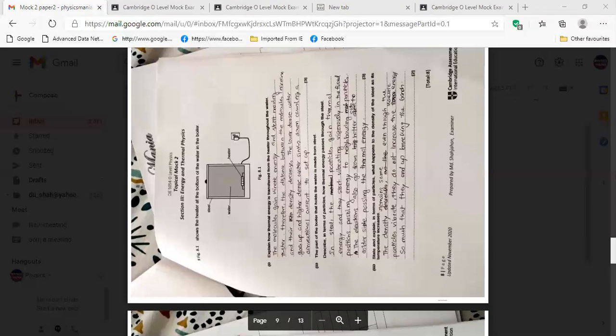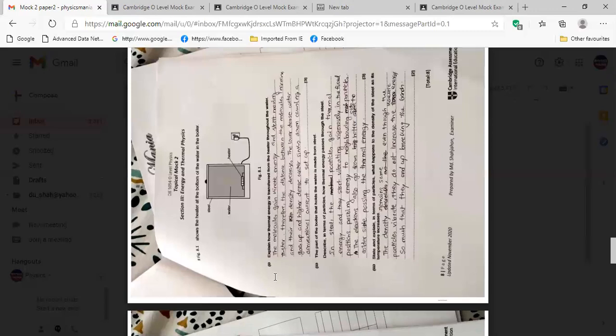Then C3. State and explain in terms of particles what happens to the density of the steel. As the temperature increases, the density remains the same.